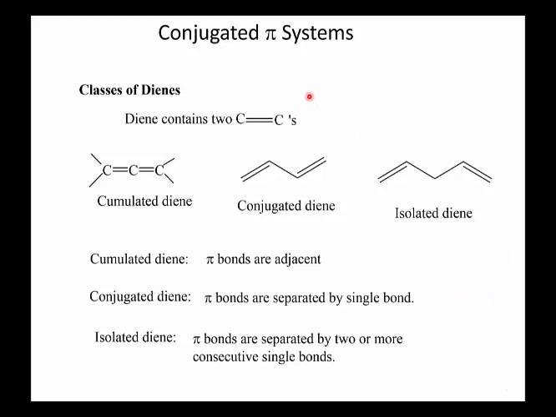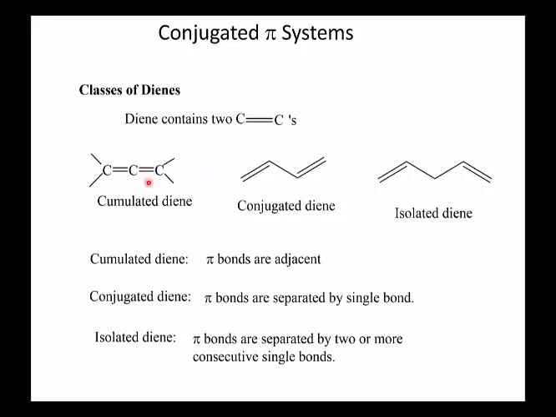An alkene contains one or more CC double bonds. If the molecule has two CC double bonds, we call that a diene. If it had three, it's called a triene, and so forth. Well, there are three possible dienes, and they differ with respect to the relative position of the CC double bonds.